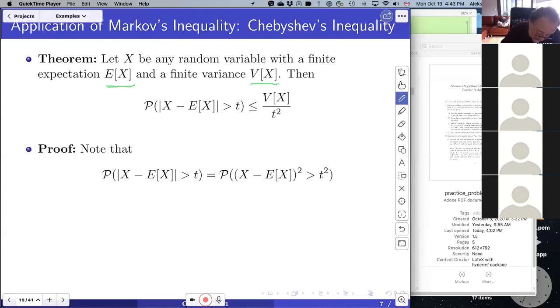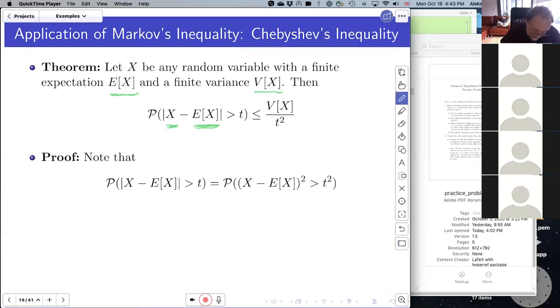Then the probability, not just that x is large, like in the case of Markov, but that x differs significantly from its expected value by more than t, is smaller or equal than the variance divided by t squared. So instead of t like in Markov, here we actually have a better bound, t is increased to t squared.